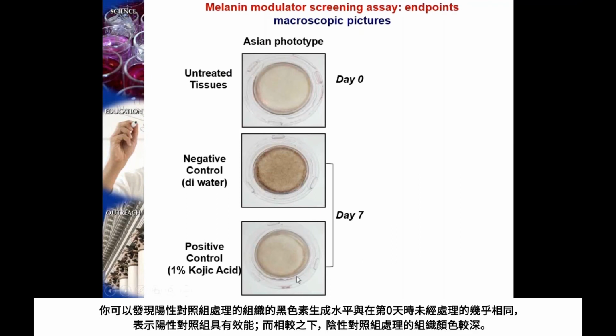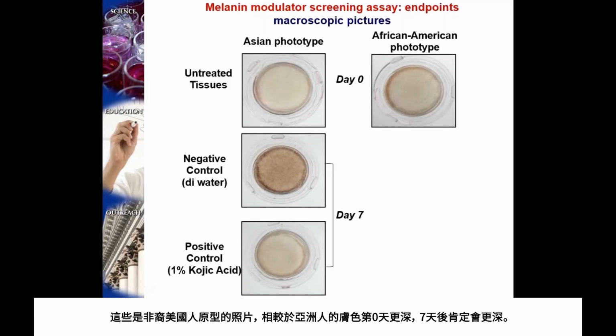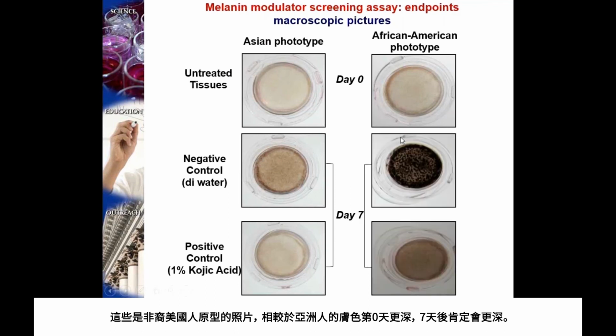You can notice that the positive control treated tissues are possibly at the same level of production of melanin like the untreated tissues at day 0, indicating an efficacious positive control, whereas negative control treated tissues are much darker in comparison. These are African American phototype pictures, much darker at day 0 compared to the Asian. Definitely much darker after 7 days. This is the negative control treated tissue, and this is the positive control treated tissue.